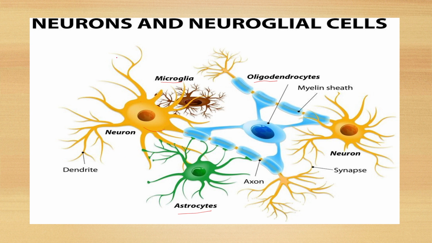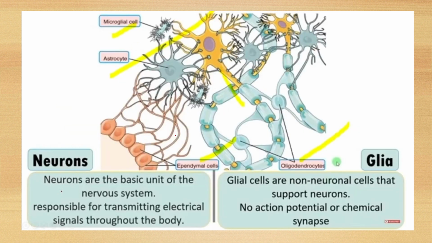So what is the difference between the neurons and neuroglial cells? Neuron is the basic unit of the nervous system, while glial cells are non-neuronal cells and they usually support the neuron. So the main function of glial cells is to provide support to the neurons.